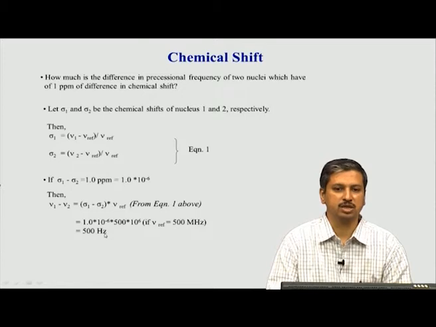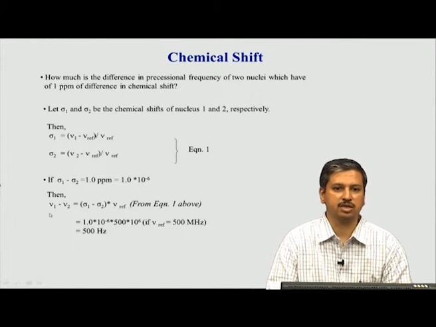So, what it means is suppose I have a 500 megahertz spectrometer in my laboratory, and I record a spectrum and I get two peaks which are separated by 1 ppm, then the separation between those two peaks in the hertz scale is 500 hertz. All we have done essentially is a rule of thumb, a simple calculation: we have simply multiplied the spectrometer frequency 500 into 1.